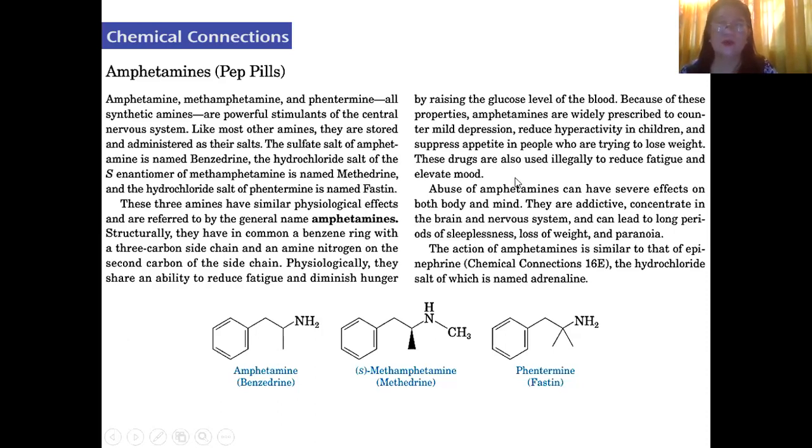No? So this drug is illegal. Why? Because this will reduce fatigue and elevate mood. No? So you can become moody. And in most cases, the very severe effect of it is addictive. Okay.